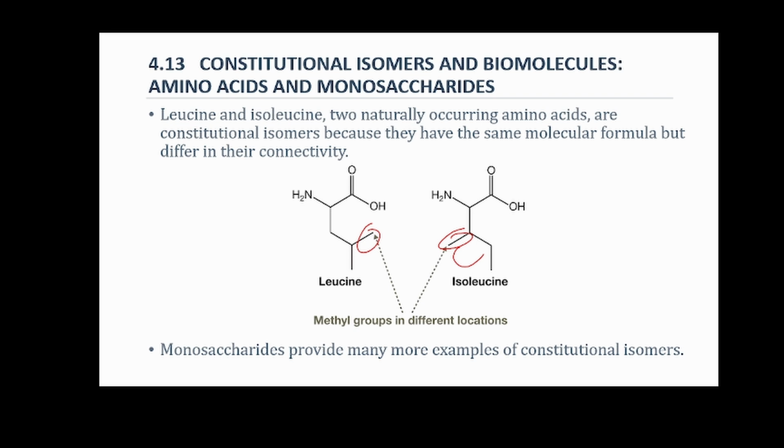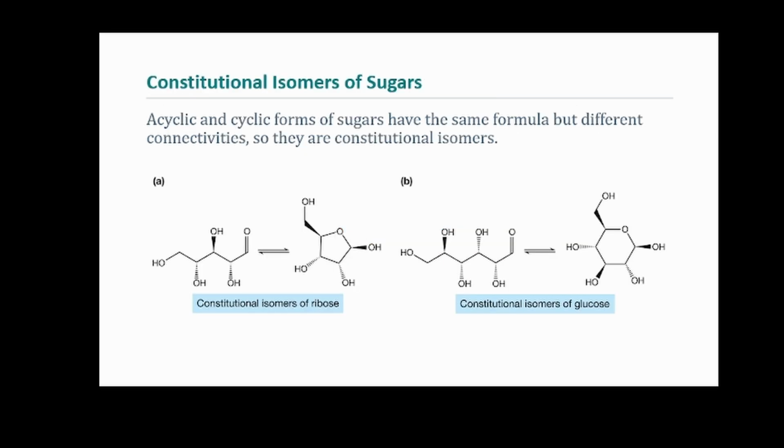Okay. And so the monosaccharides provide many more examples of constitutional isomers. Almost every constitutional isomer that could exist does for the monosaccharides in some way, shape, or form. It's quite extensive. So these are the constitutional isomers of sugars, acyclic and cyclic forms of these sugars, acyclic being the straight chain, right?